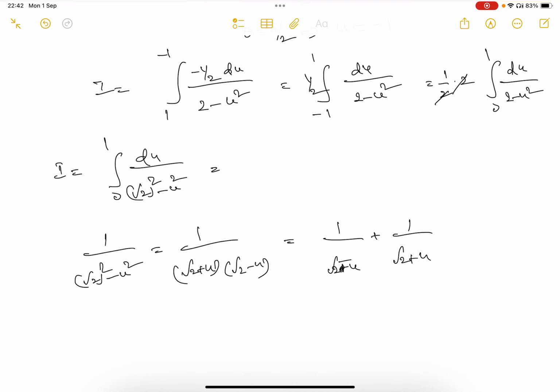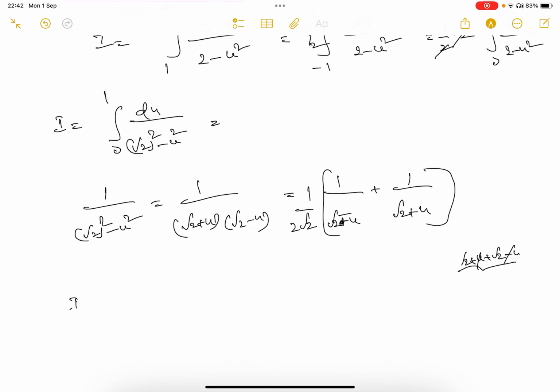In the numerator it will be root 2 plus u plus root 2 minus u, right? U will get cancelled, you will get 2 root 2, right? So do one thing, divide it with 1 by 2 root 2. Fine. Then this will be the same as the left hand side. So I equals 0 to 1. Keep 1 by 2 root 2 out of the integral. Then this is 1 by root 2 minus u plus 1 by root 2 plus u into du.